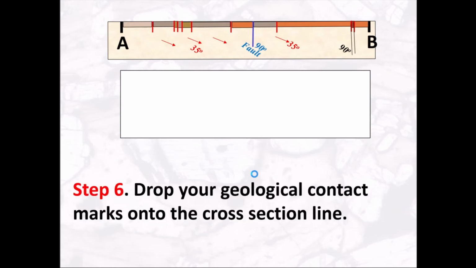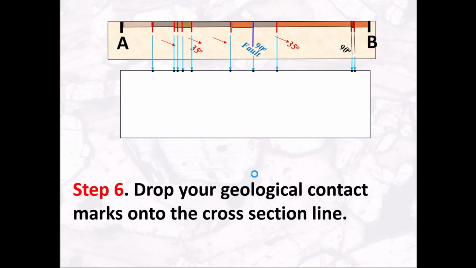You just need to take your geological contacts, drop them onto the top of your cross-section panel, and mark on where on the surface of that cross-section you'd hit those contacts.